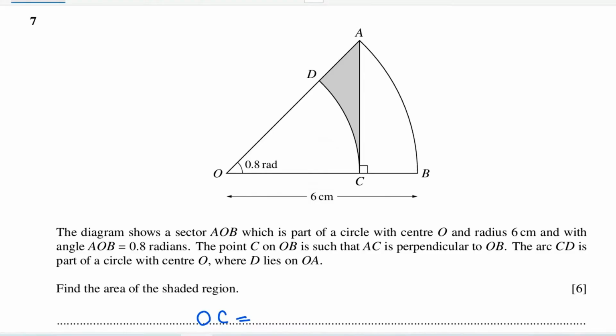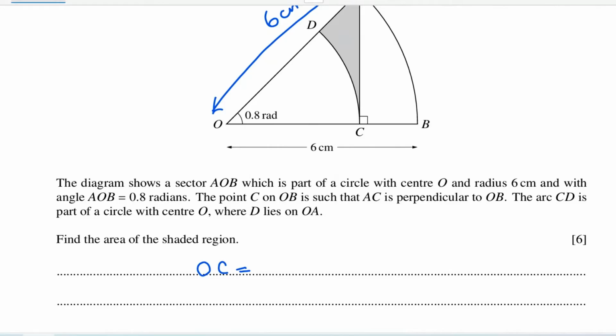OA is also 6 centimeter. So we know one side value, one angle. We need to find the other side of a triangle. So we'll use a trigonometric function.